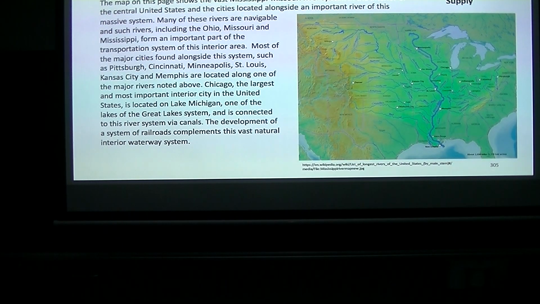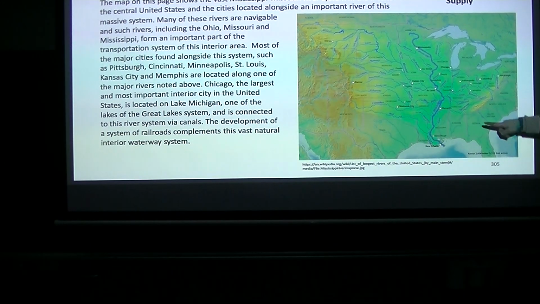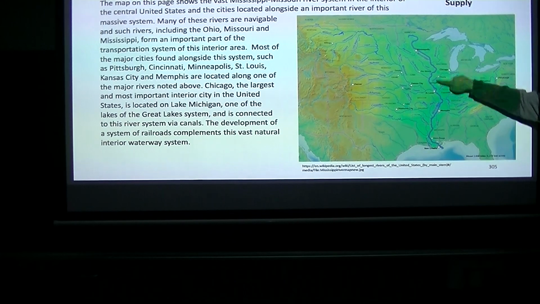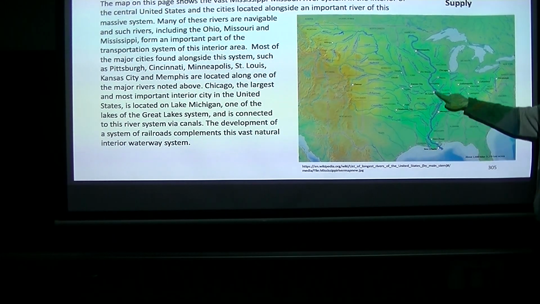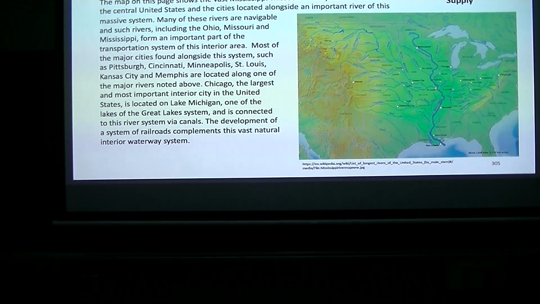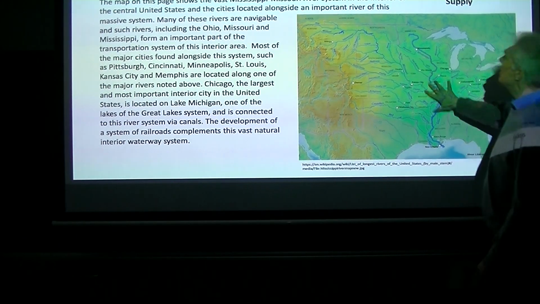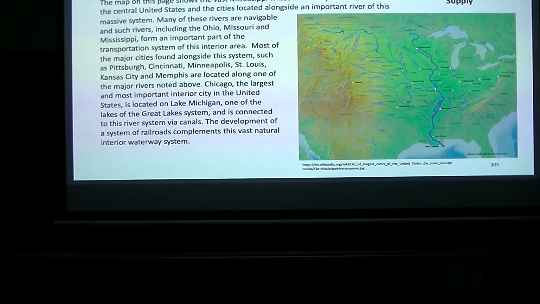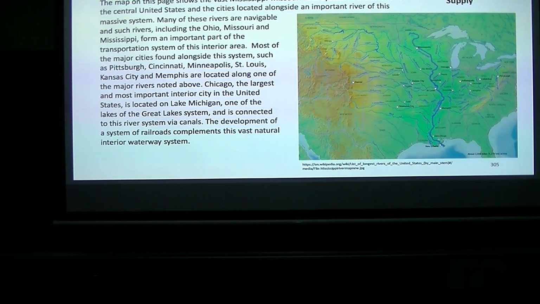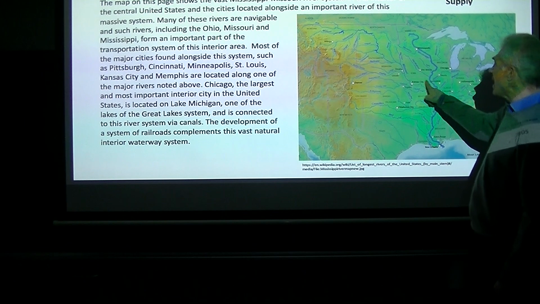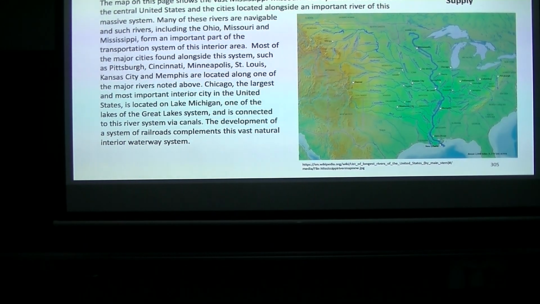And in fact, this shows, for example, the Mississippi and Missouri river systems. That's that Mississippi River, right? That huge river flows right in the center of the country, and it drains a gigantic area. This is one of the world's greatest river systems on the entire planet. So the development of the rail network complements this vast natural interior waterway system.